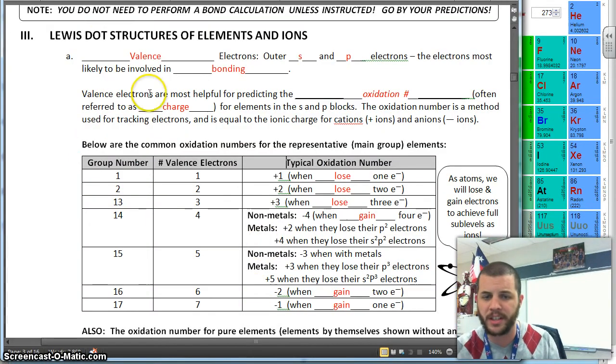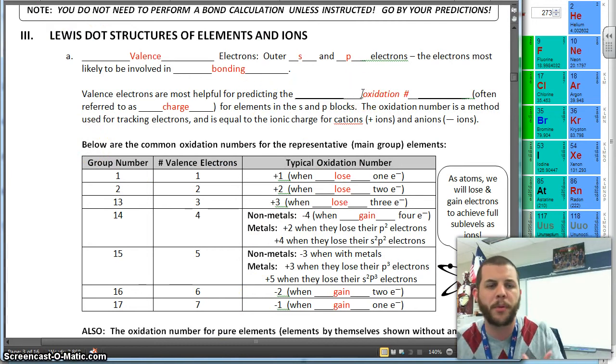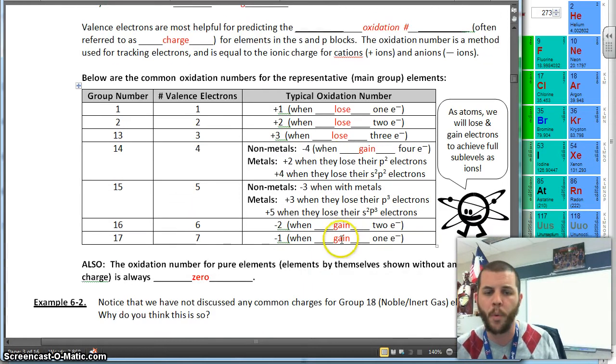Valence electrons are helpful for predicting what's called the oxidation number, essentially our predicted charge. I can use the last digit of the group number to help me think of how many valence electrons I'm going to have.